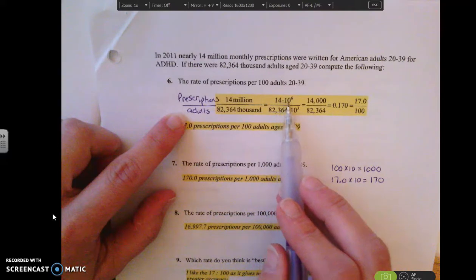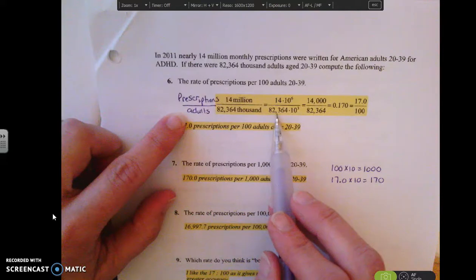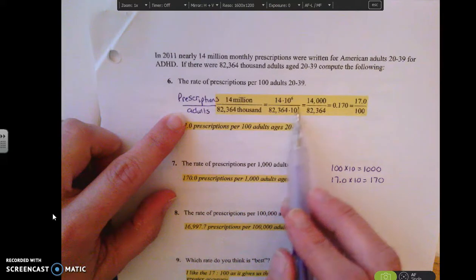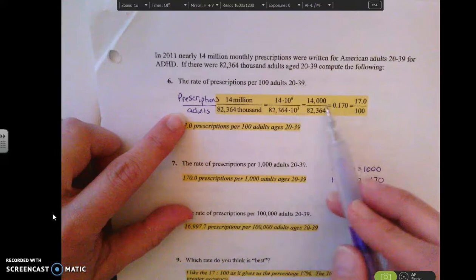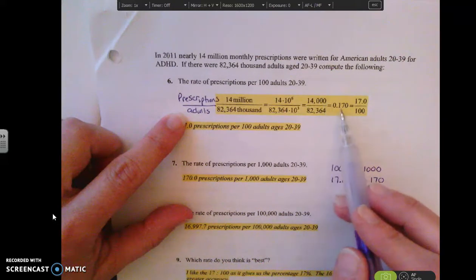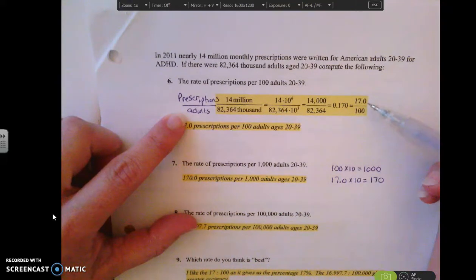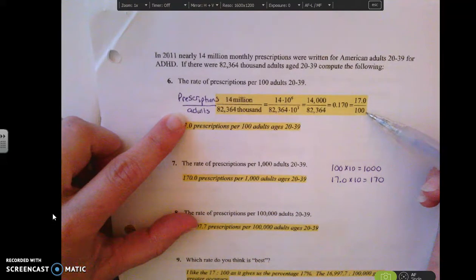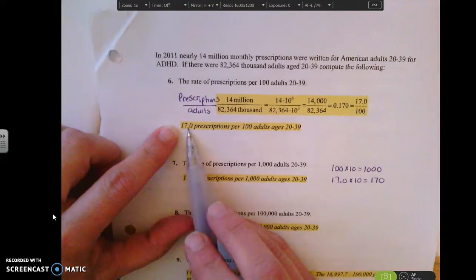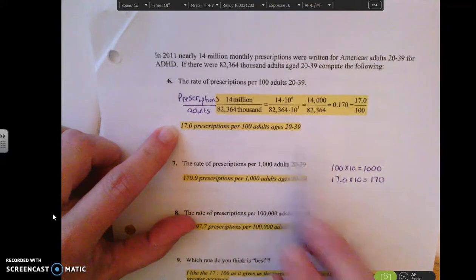So we have to correct our scale over here. So we have 14 times 10 to the 6, because that's millions, and 82,364 times 10 to the third, which is thousands. So when I do my division here, I end up with 0.170. So that tells me that 17 out of 100, 17 prescriptions for every 100 adults were written for ADHD medication.